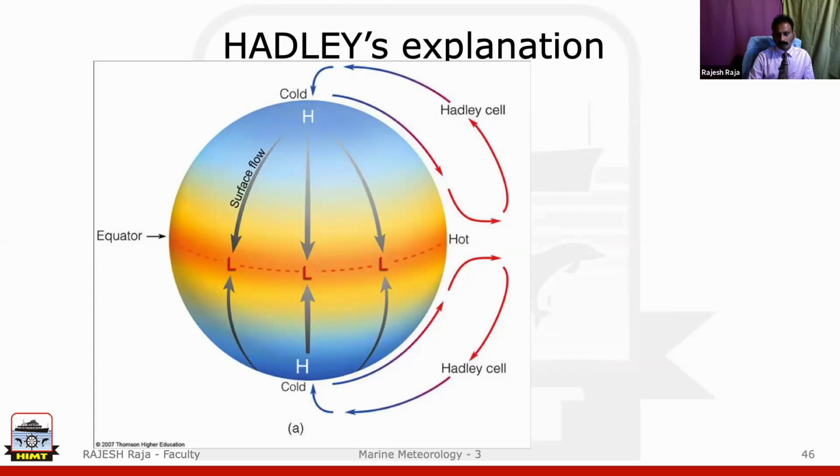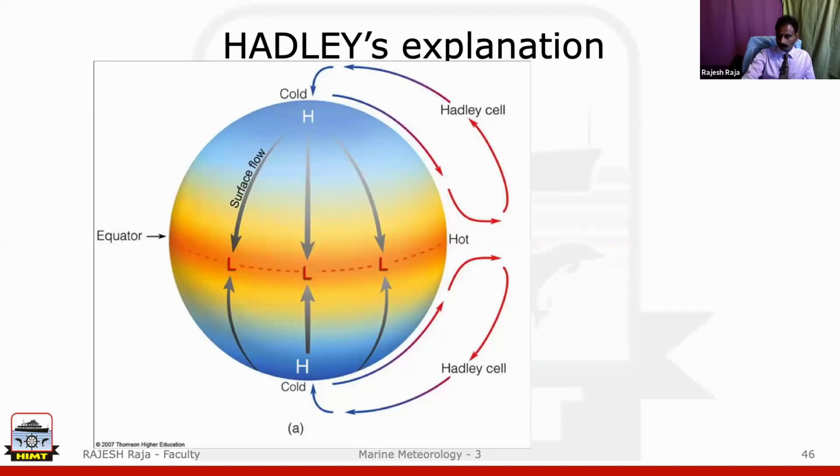That means there is one huge loop of wind which starts from the poles up to the equator. At the poles, cold air sinks and travels along the surface. At the equator, it rises up and completes the circulation. As I told you, it cannot be destroyed. It has to go and circulate somewhere, and fill up somewhere. So this is what was explained.